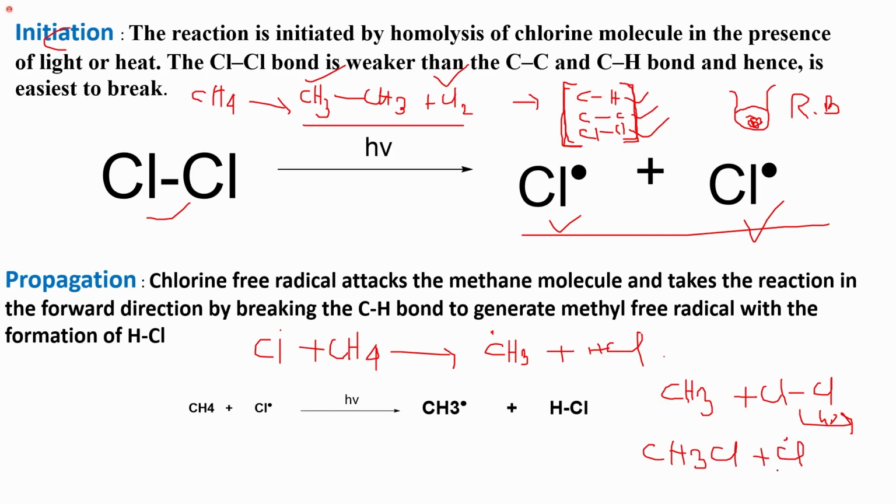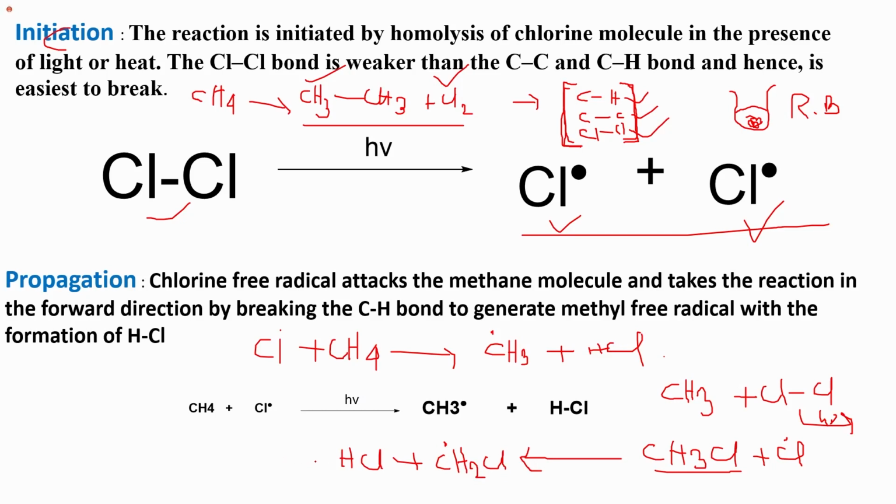This Cl dot again goes and reacts with this CH3Cl, and forms HCl plus the CH2Cl dot radical.